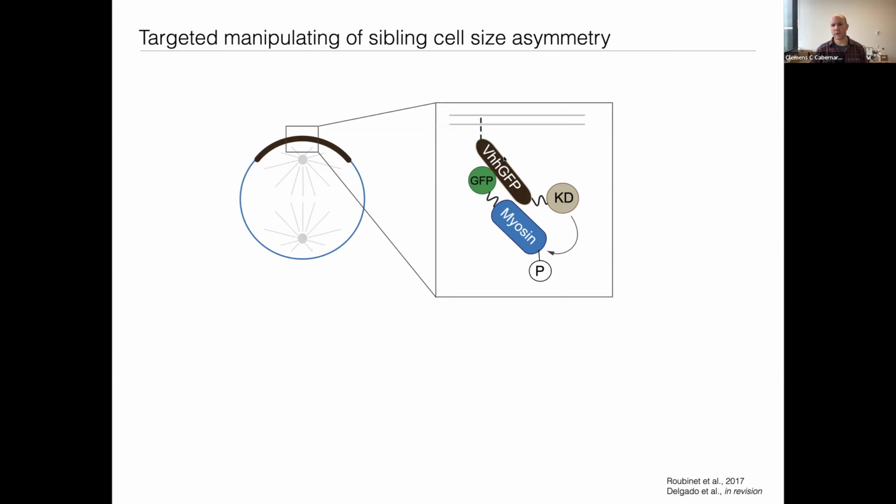The idea being, if the only protein carrying a GFP tag is myosin in these cells, then the nanobody should bind to the GFP tag and maintain an activated version of myosin on the apical cortex, because it continuously phosphorylates myosin that's being trapped on the apical side.